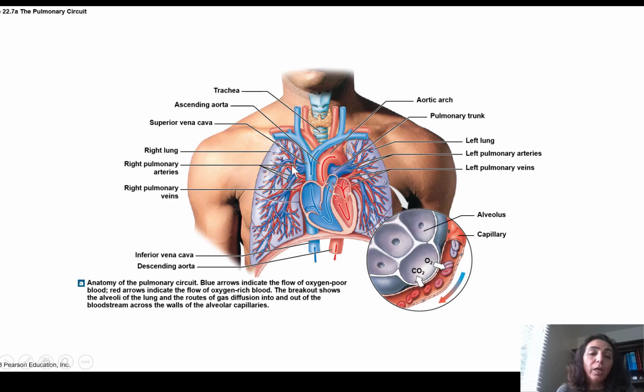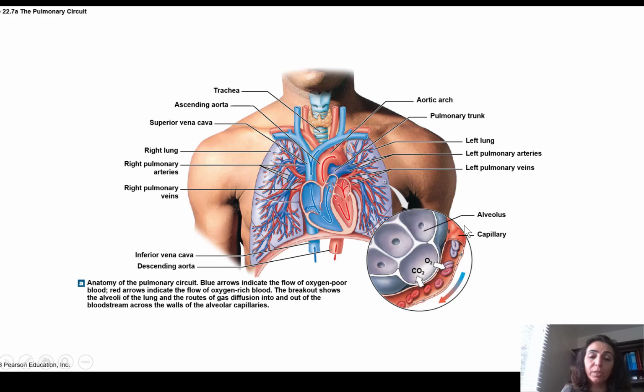Then it spreads along the lung the same way that the branches of the trachea come into the lung, spreading, getting smaller and more scattered, right? So these vessels also branch like a tree, and then get very small and make the capillaries. Each capillary is around an alveolus, as we said.